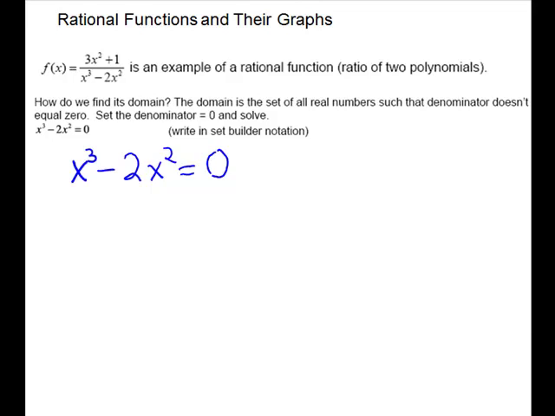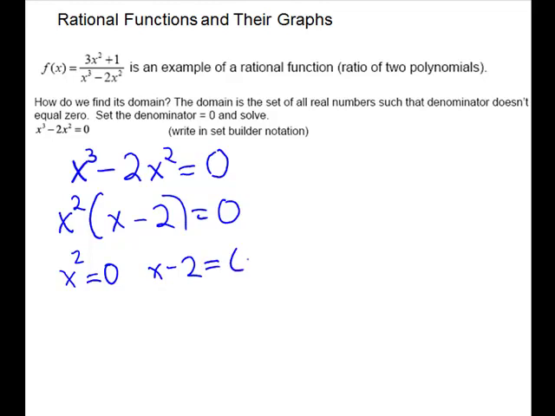So we'll take out x squared, doing a GCF. And that leaves x minus 2. Then we'll set each of these equal to 0. So 0 itself is a bad value, and this one, when we solve, x equals 2 is a bad value.